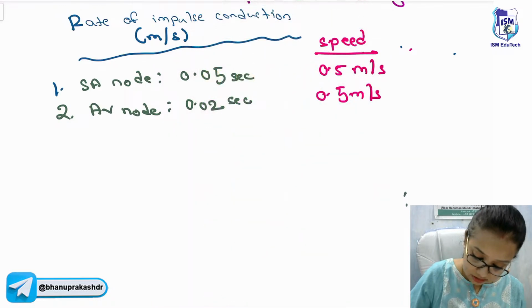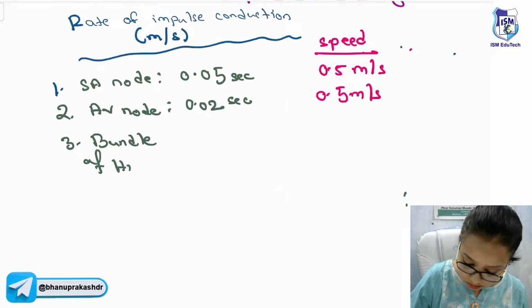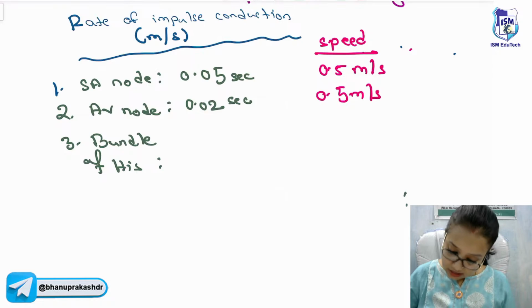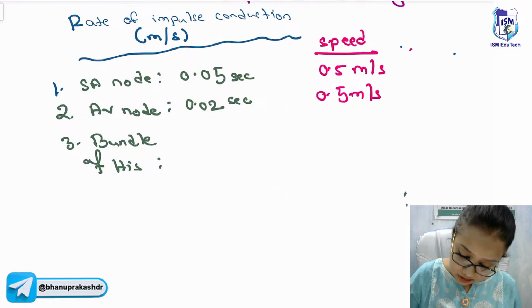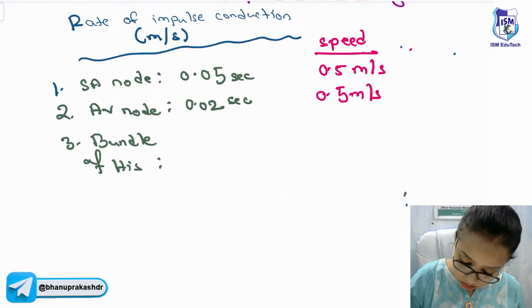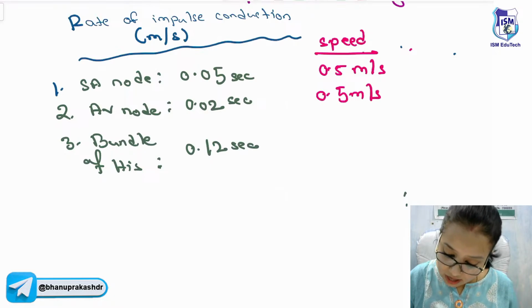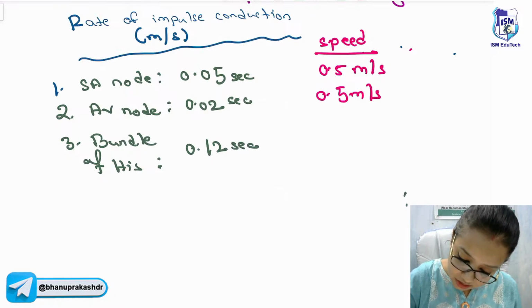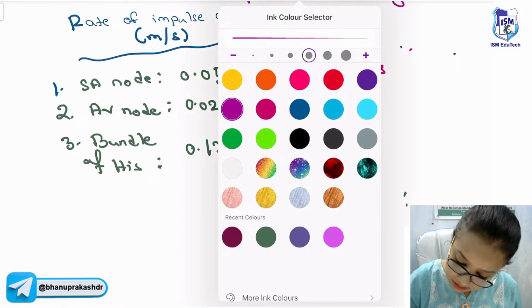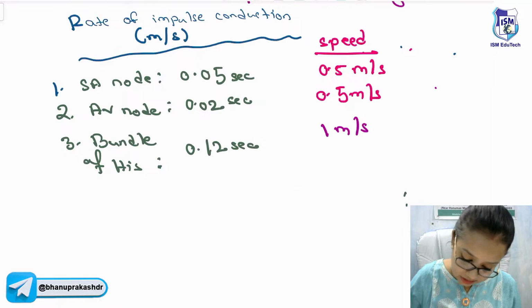Next structure, it is the bundle of His. Here the impulse takes about 0.12 second. Okay, and the speed at which the impulse is conducted is 1 meter per second.